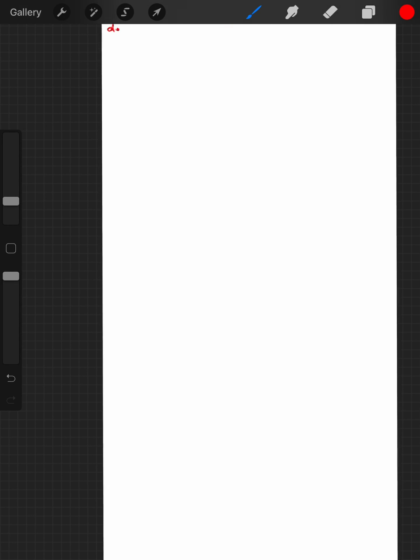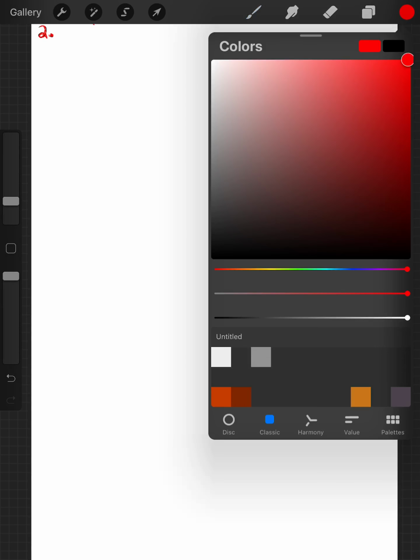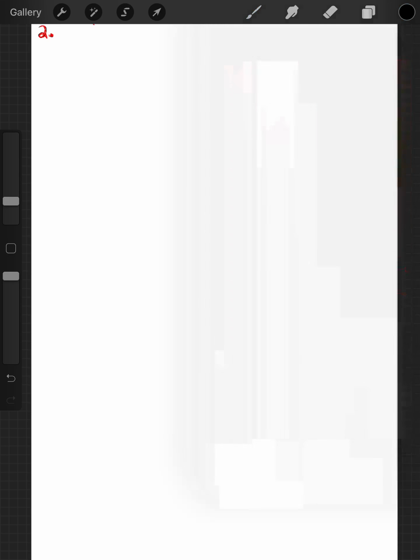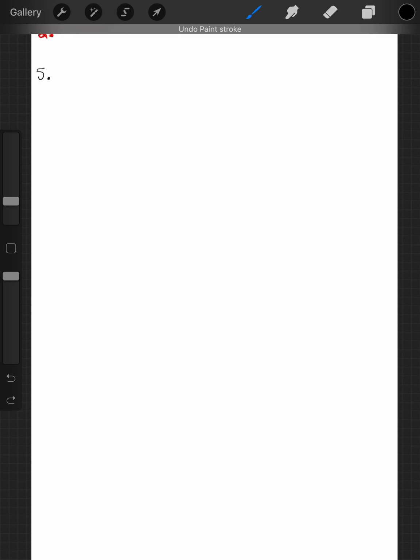Let's see. So I just realized I forgot to write some things down. So let me see if I can get to it. So in this problem, it was asking to calculate, it wasn't calculate, it was estimate.